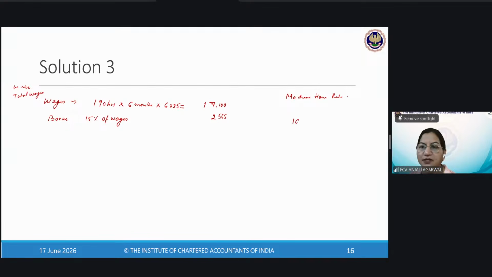So when we're calculating the machine hours, we have 160 productive hours per month for 6 months for 6 operators. So when we'll divide the total cost, we'll divide it by machine hours, which is 5,760 machine hours in 6 months period.